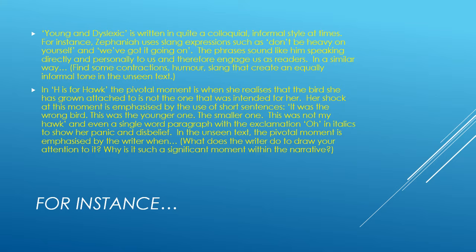Okay, maybe it's similar things to this one with short sentences emphasizing a sense of shock. I don't know, it could be anything, couldn't it? But what does the writer do to draw your attention to it, and why is it such a significant moment within the narrative? And then once you've explained that, you finish that comparison, you leave a line blank, and you move on to your next point of comparison.